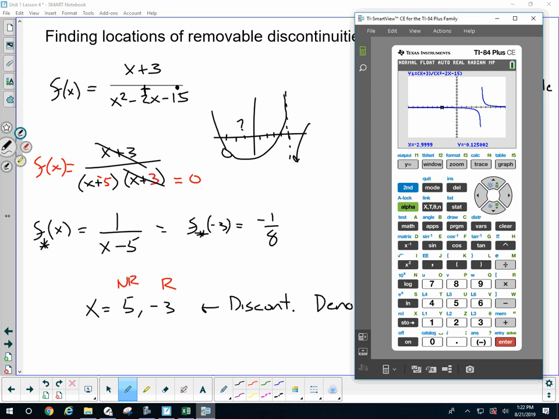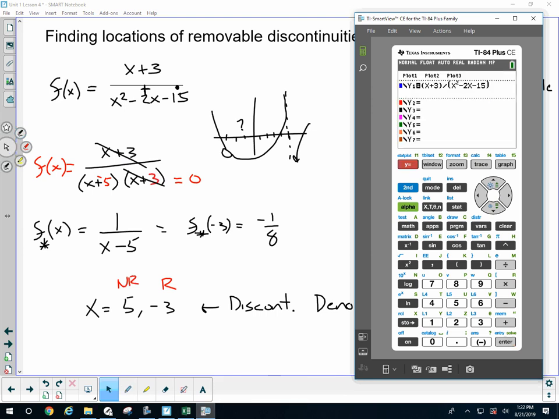What is very interesting about this process is if I graph 1 over x minus 5, and you're going to see it in a different color in red, and I'm going to make sure you can see it. Let me try to change this to like a dot.